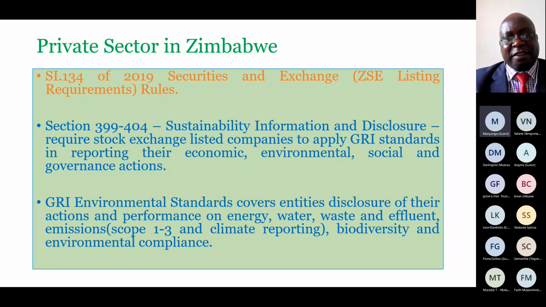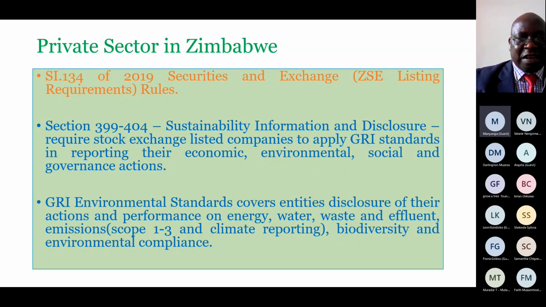Then coming to the private sector in Zimbabwe, we have Statutory Instrument 134 of 2019, the Securities and Exchange rules, which cover the Zimbabwe Stock Exchange listing requirements. Sections 399 to 404 fall under sustainability information and disclosure. This requires stock exchange listed companies to apply GRI standards in their reporting of their economic, environmental, social, and governance actions.